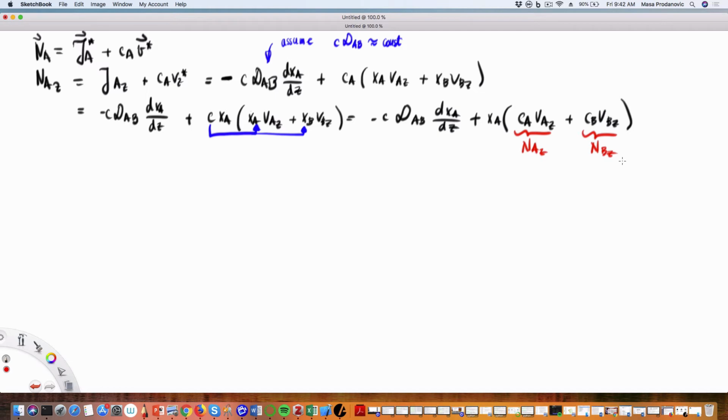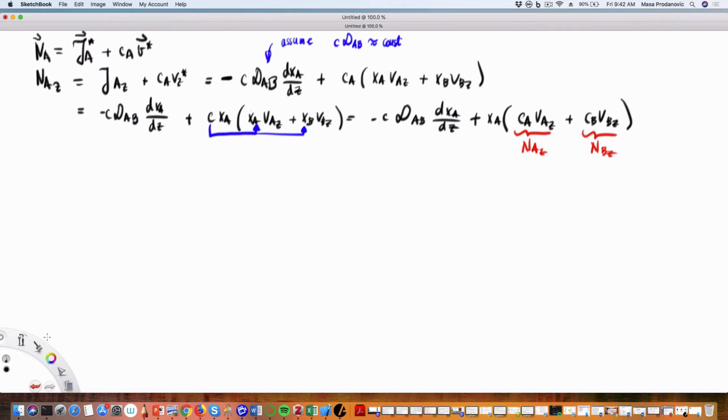So right now, we are assuming this in this problem. If I have a reaction though, where species B might be getting formed and moving counter, whatever something is coming to the reactive surface and then a new species is moving away, in that case, I can't count NBZ as 0.